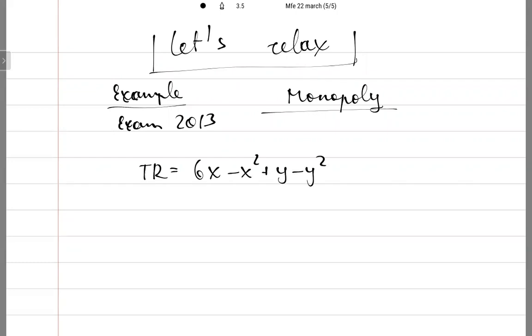We have a two-product monopoly, a two-product firm, and x and y are outputs.